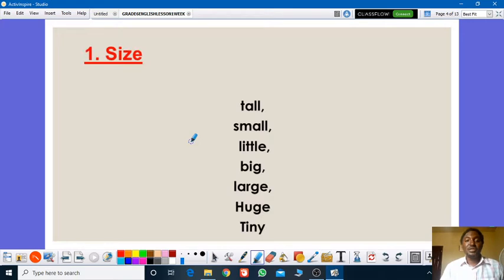And the first one is size. When you're describing size, we use words. These are not the only words that you can use when you're describing the size of a noun or a pronoun. I have just written examples. Words like tall, small, little, big, large, huge, tiny.